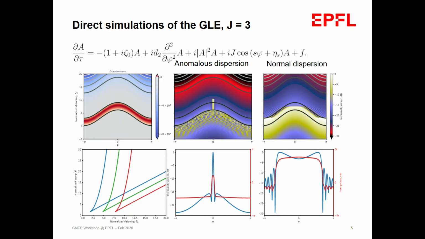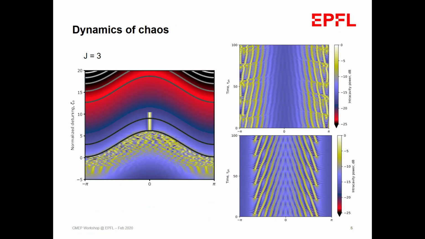Now let's take a look at chaotic dynamics. What's going on? This picture was obtained when the coupling strength was equal to 3, and it corresponds to more or less 150 megahertz. And here you can see a spatiotemporal diagram of the chaotic state at different detunings.